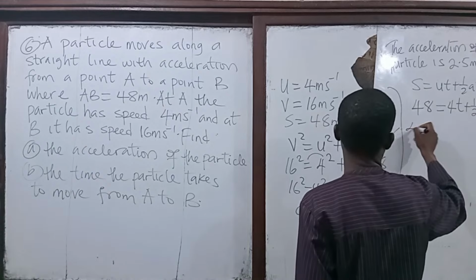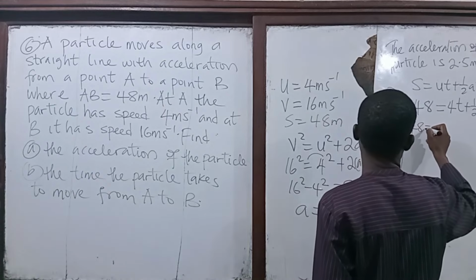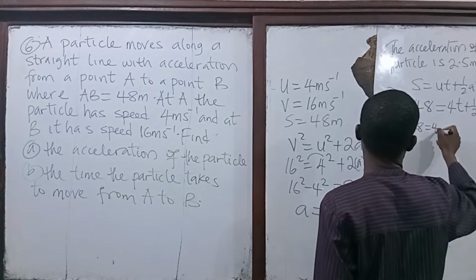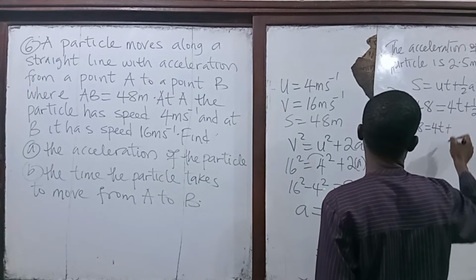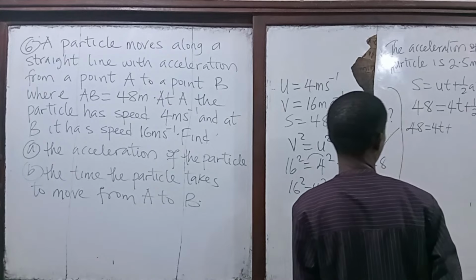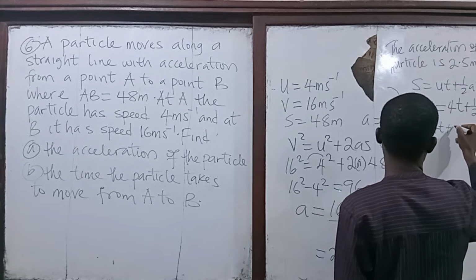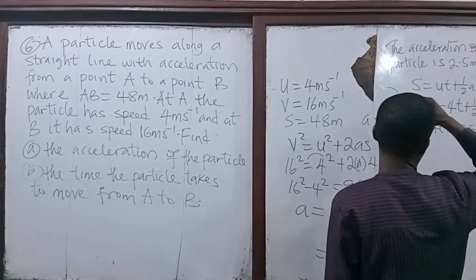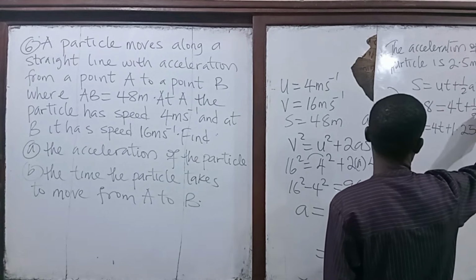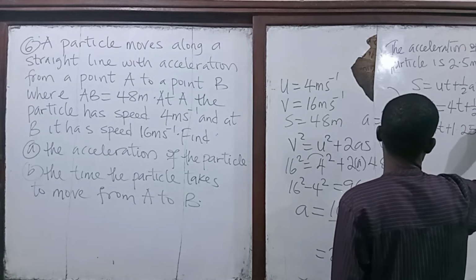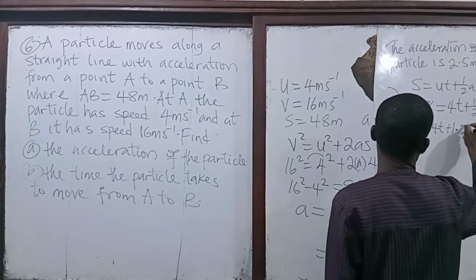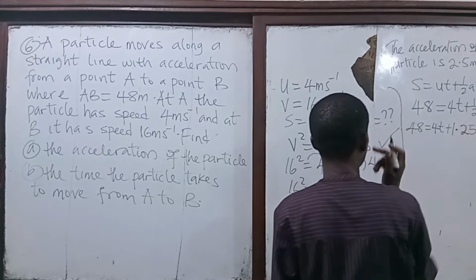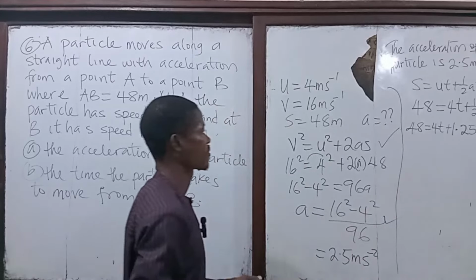So that will be 48 equal to 4t plus 2.5 over 2, that's 1.25, 1.25 t squared. Okay, so that's what we have there.